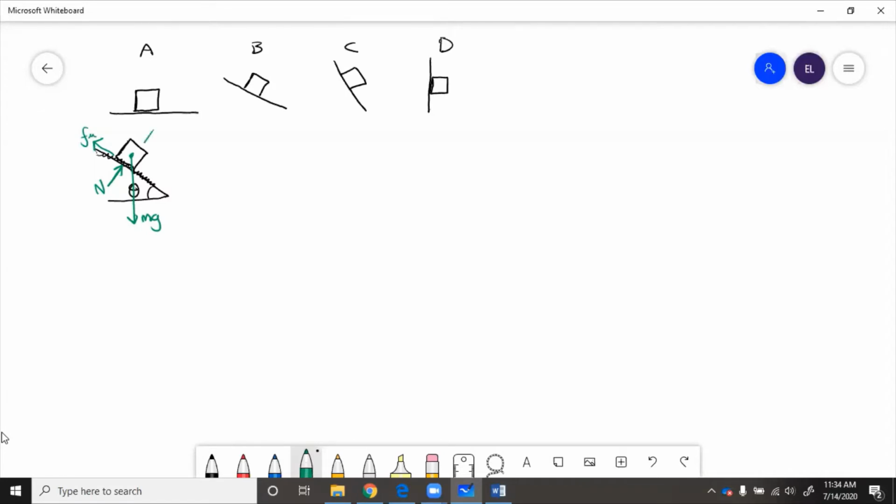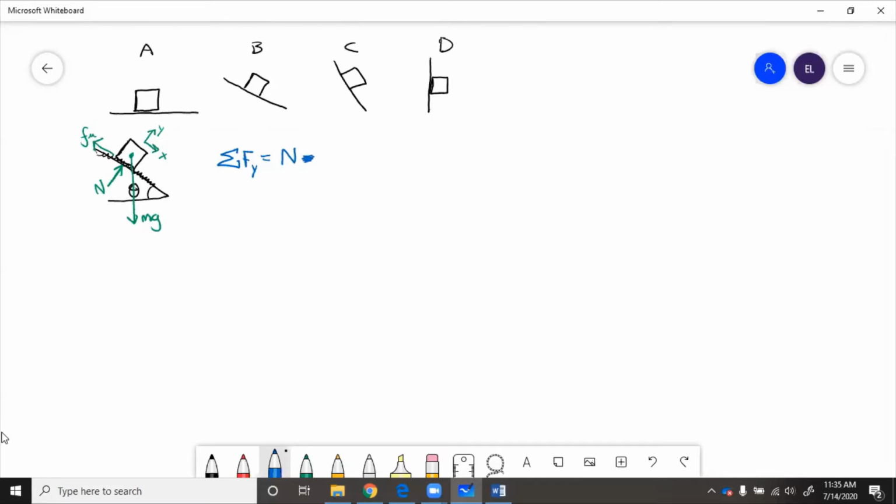So then if we assign a coordinate frame, say X points down, Y points up, and then at the exact instant when the block starts to move, the friction is going to be its maximum. So if we write out the forces, in the Y direction, sum of the forces in Y equals normal force points up, and then gravity points down.